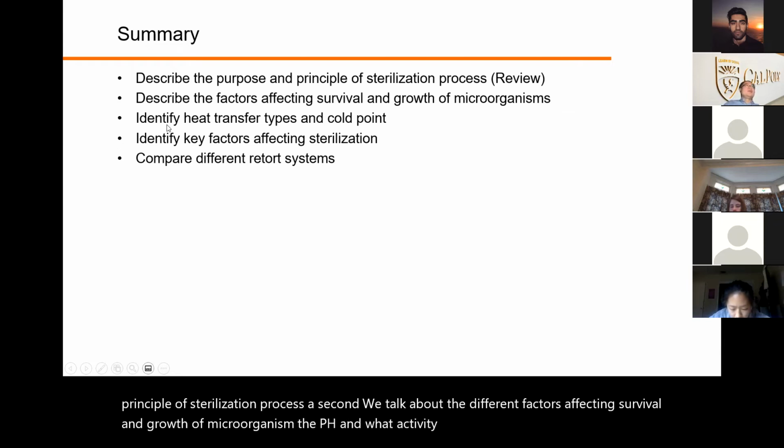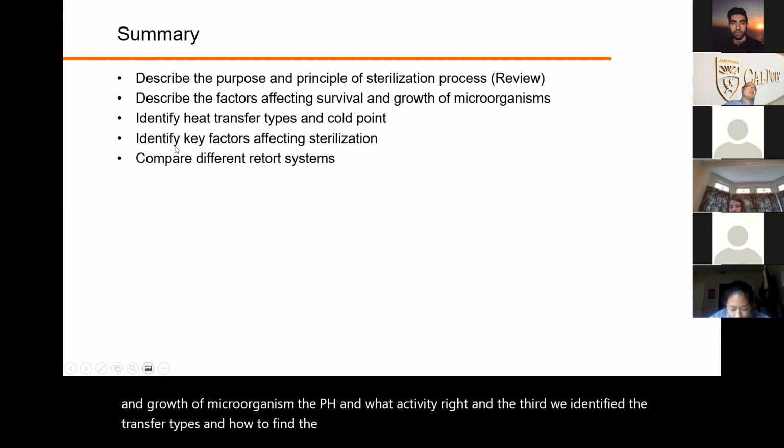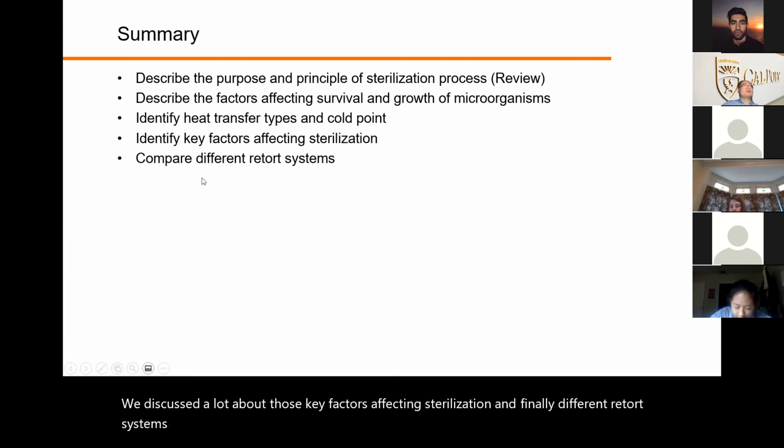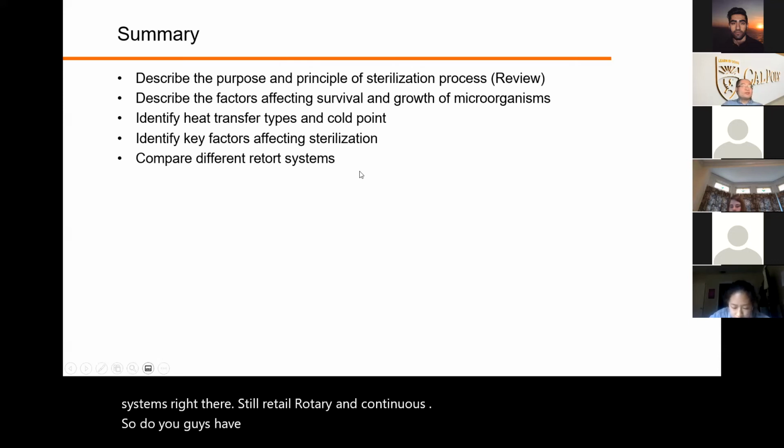Third, we identified the heat transfer types and how to find the cold point. We also discussed a lot about the key factors affecting sterilization. And finally, different retort systems, right? The still retort, rotary retort, and the continuous retort. Do you guys have any questions? Any questions before we finish?